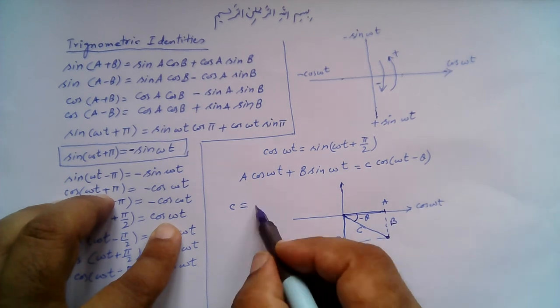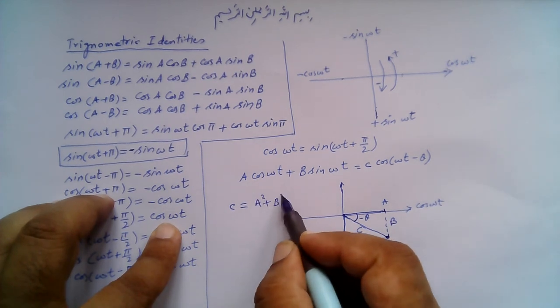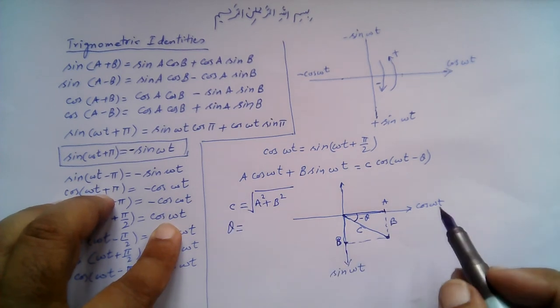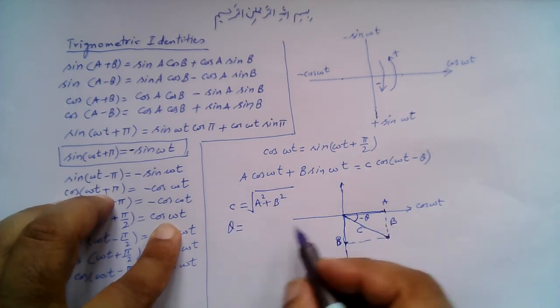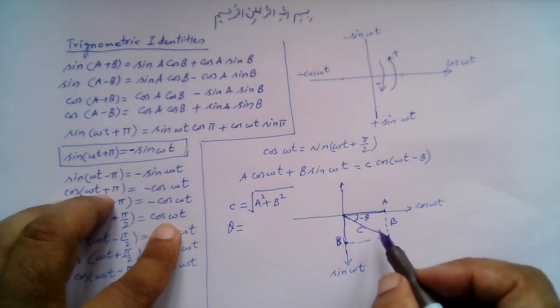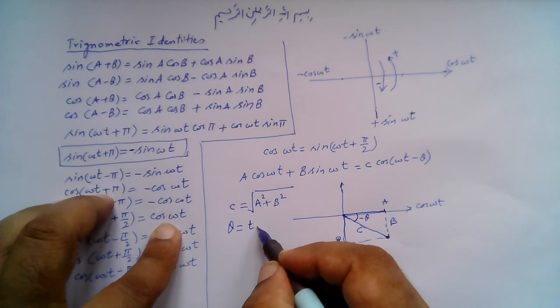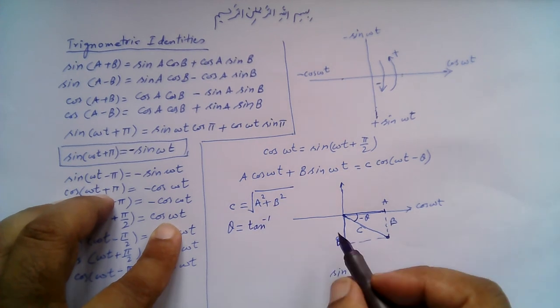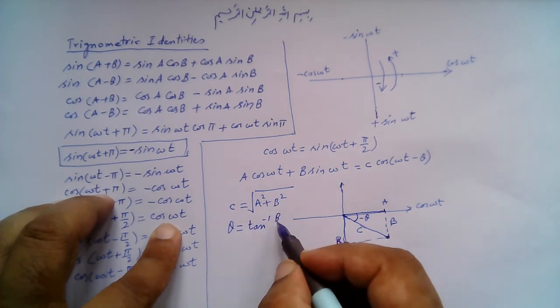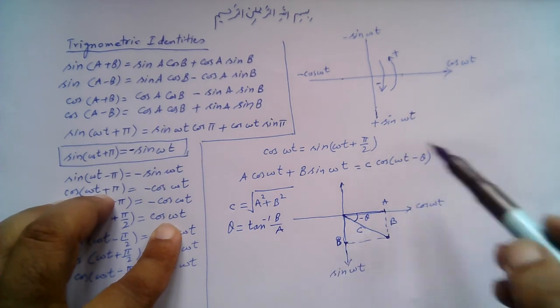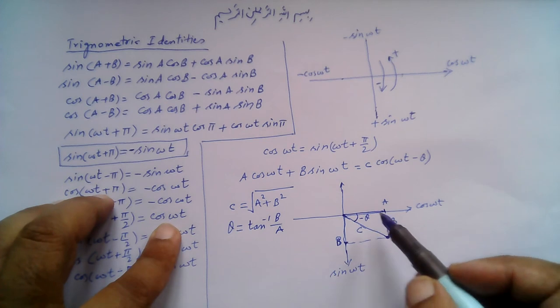So c is square root of a square plus b square, and theta is equal to tan inverse in terms of a and b only. We know a and b, so theta is equal to tan inverse b over a. So this graph can also be used for the addition or subtraction of sinusoids like this as well.